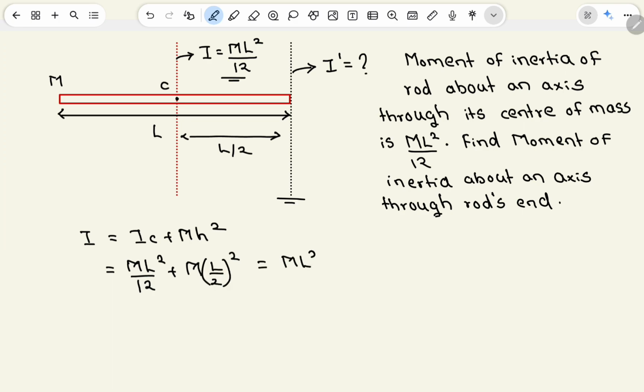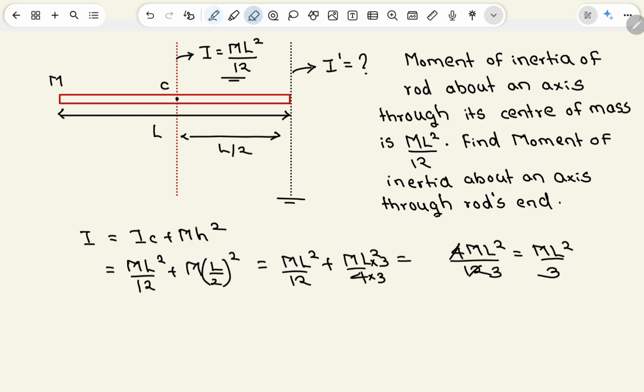That is nothing but ML square by 12 plus ML square by 4. So I multiply by 3 in the numerator and denominator of the second fraction, and what I get is 3 plus 1 is 4, so 4 ML square by 12. 4 3s are 12, and this is the answer that we were looking for.